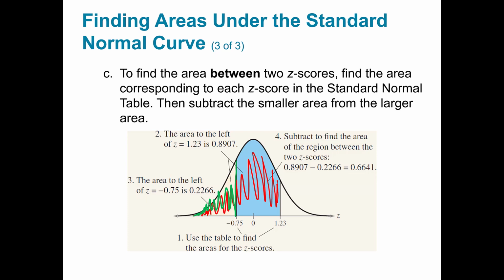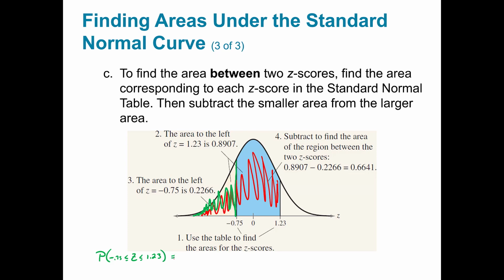So let's say I want to find the area between z equaling 1.23 and z equaling negative 0.75. This is another way of saying the probability that z is between negative 0.75 and 1.23.